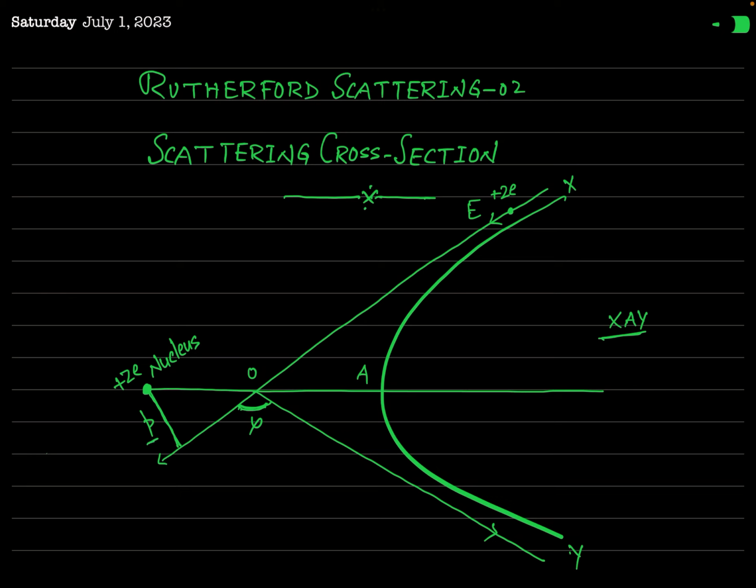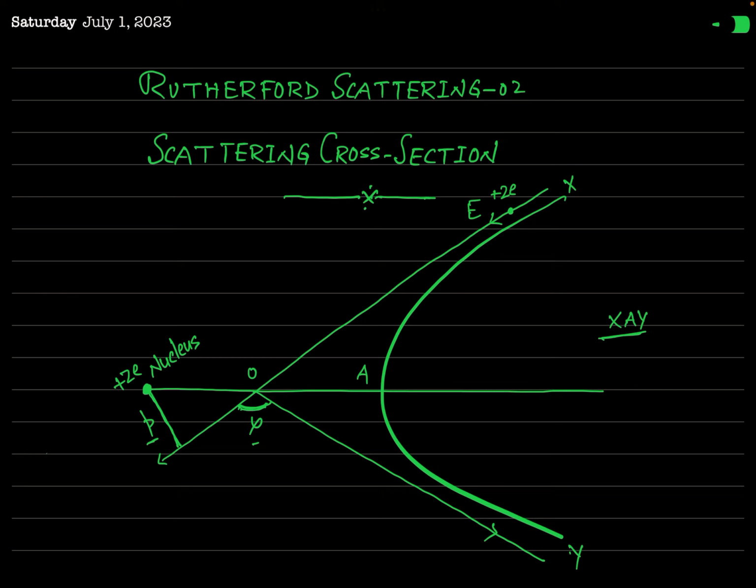Okay. And how this impact parameter p is related to phi we have seen in the second lecture, and how differential scattering cross section is defined and what is the expression for it we have seen in the first lecture. So actually if you want to find the scattering cross section of this scattering process, definitely you have to use these two results which we have already studied in the previous lectures.